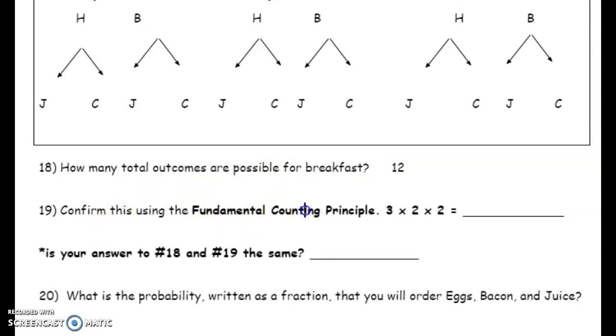Now, by using our counting principle, we had 3 choices of eggs, French toast, or pancakes, multiplied by the 2 choices of meat, which was ham or bacon, which was our second event. And our third choice was between juice or coffee. So we had 2 other options there. So 3 times 2 is 6, times 2 is 12.